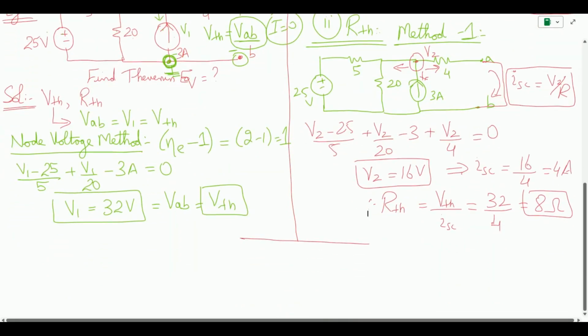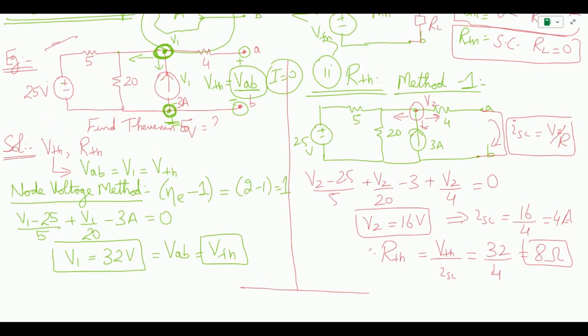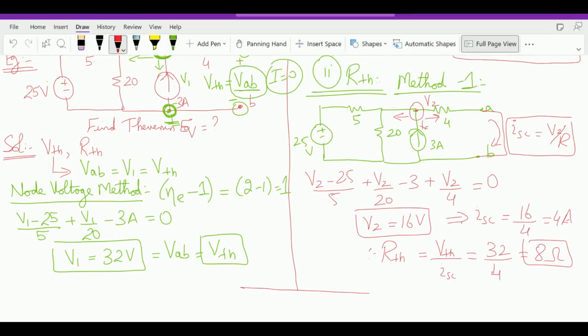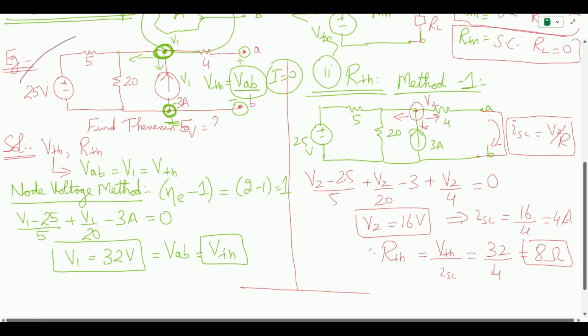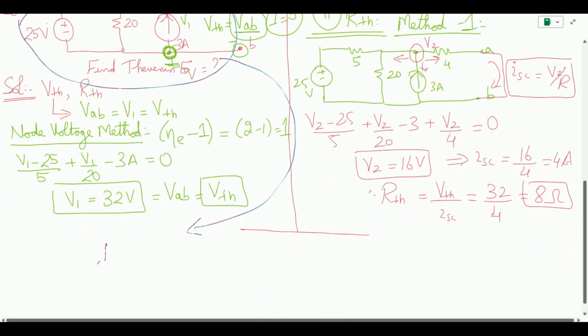Our simplified circuit now will appear something like this. This whole circuit, the one that we had over here, let me draw it with a different marker, is now transformed into a simplified form of a single voltage source connected with a single resistor.